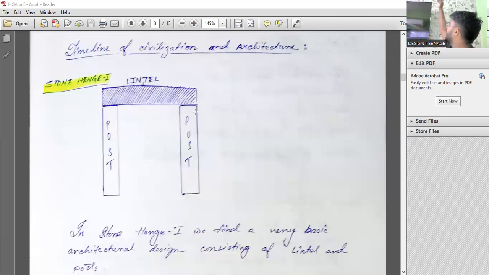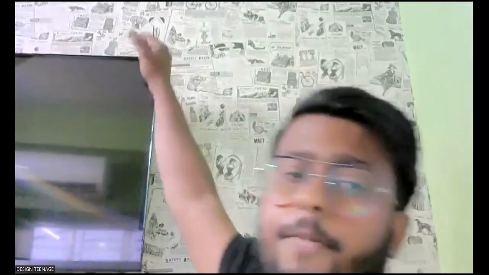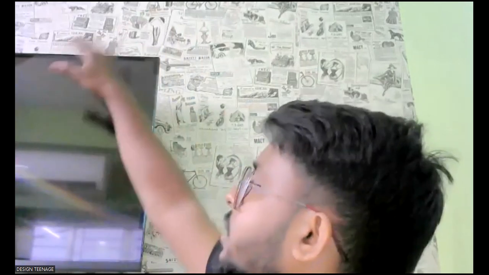If I don't have any support just above this window, the bricks above will create a pressure on this surface, and it will definitely not be able to withstand it because there is no support below. Am I right or wrong?